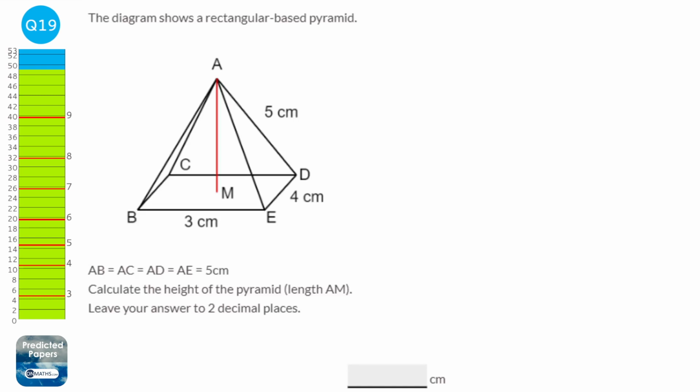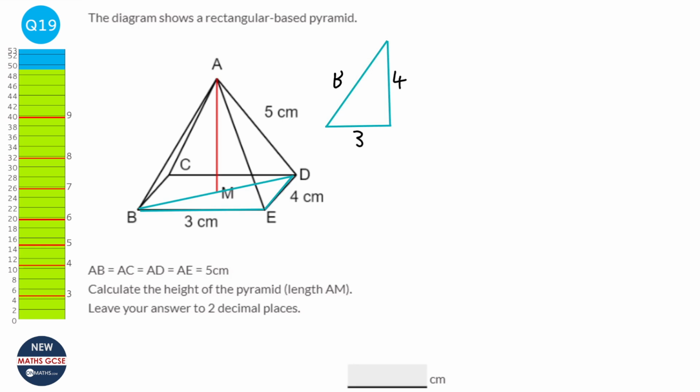I'm going to start off this question by finding length BD, and we do that by doing a little right angle triangle down here, and let's draw that right angle triangle out. Okay, so we've got a length of 4 on ED, length of 3 on BE, and we're looking for length BD. So we're going to use Pythagoras.